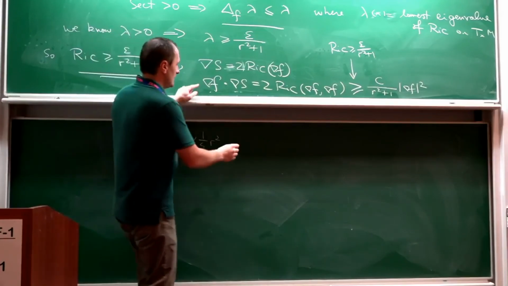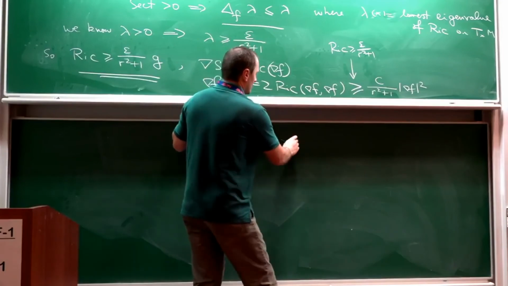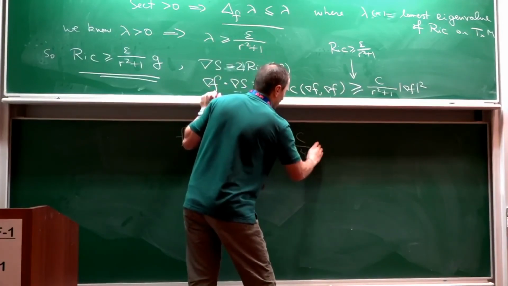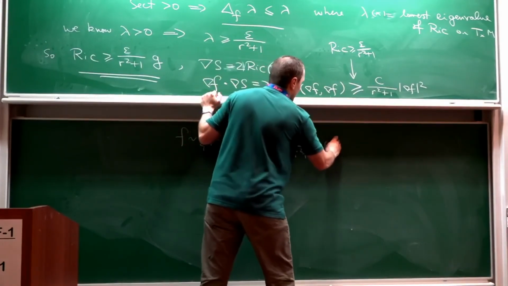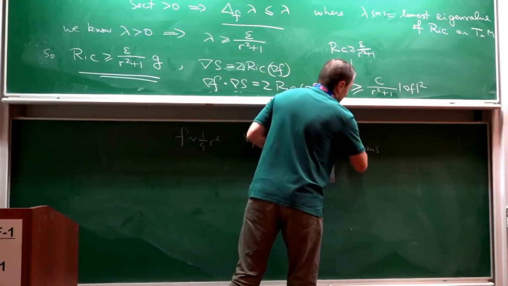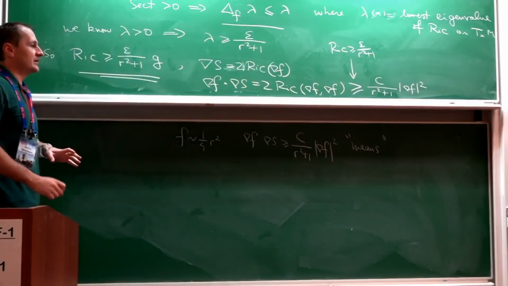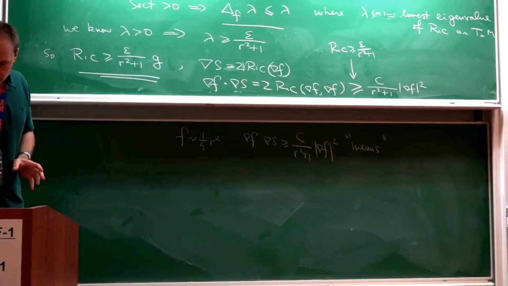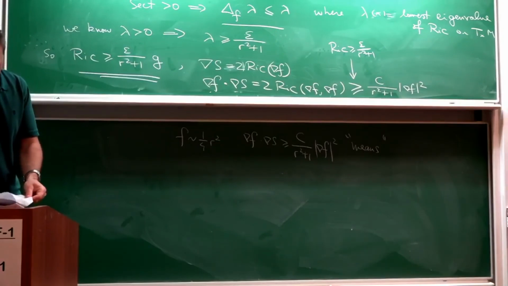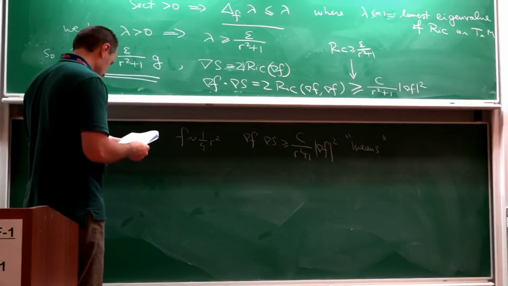So when I say grad f grad s has a lower bound like this, it means, but it's not really true, you can make sense of it if you're careful enough, but it means more or less, and let me try to be at least correct about this one.